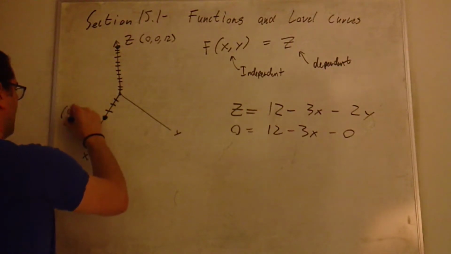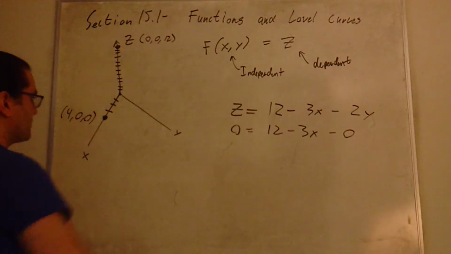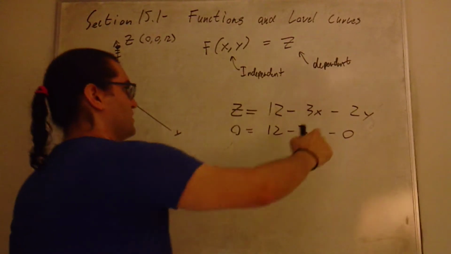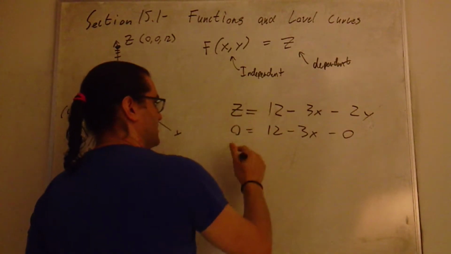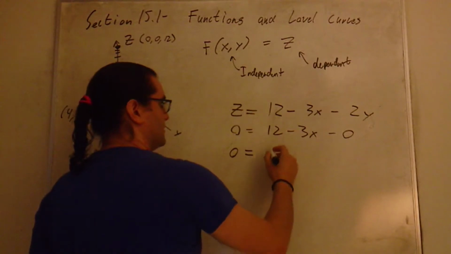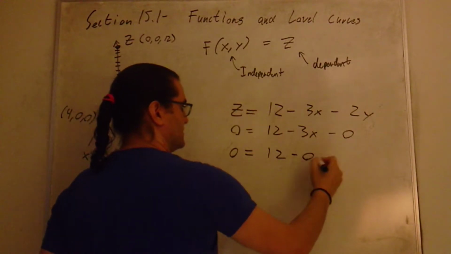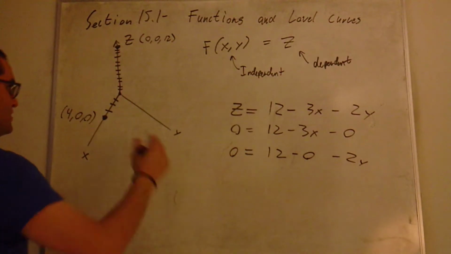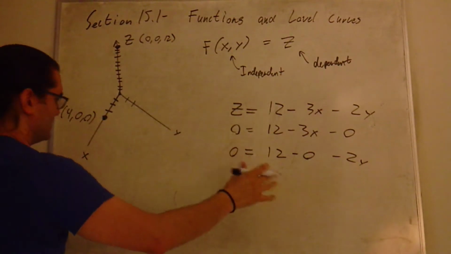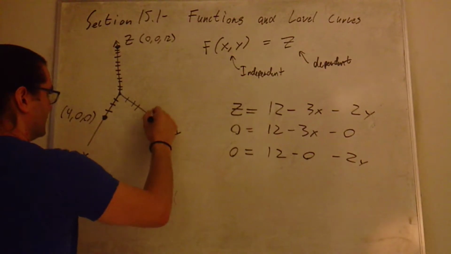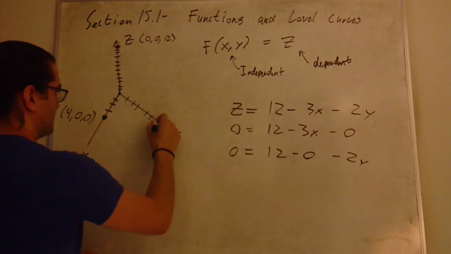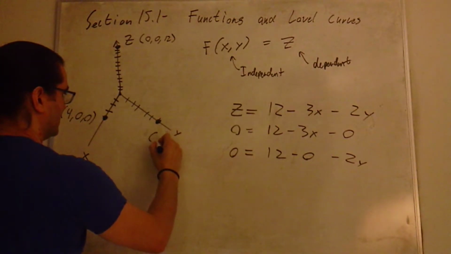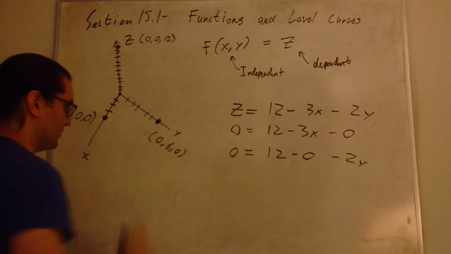That's 4, 0, 0. And if we wanted a y-intercept, then we would set x and z equal to 0, and we would get 0 equals 12 minus 0 minus 2y. And hopefully we can see from that y should be 12. Or, yeah, 6, sorry. 1, 2, 3, 4, 5, 6. So this would be the point 0, 6, 0.